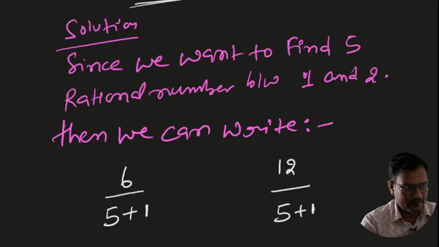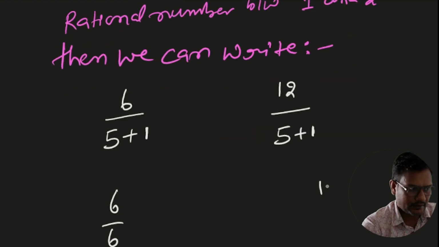That means 6 by 6 and 12 by 6. Between these, we have to find 5 rational numbers.